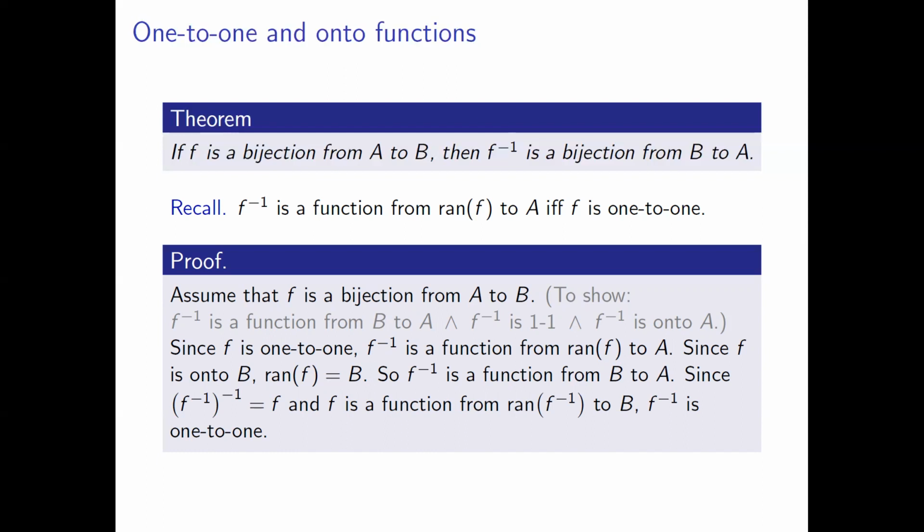Finally, we show that f inverse is onto A. Since the range of f inverse is equal to the domain of f, which is equal to A, f inverse is onto A. This completes the proof of the theorem.